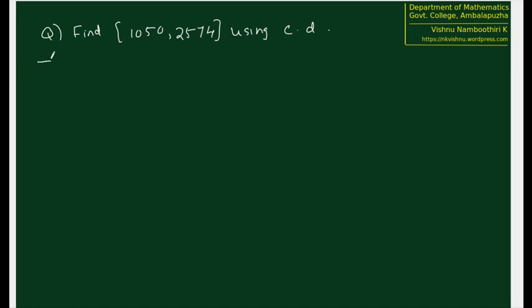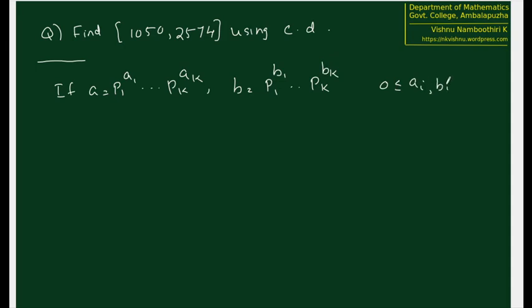Now another observation we are going to make. We have seen that if A equals p1 raised to a1, etc., pk raised to ak, and B equals p1 raised to b1, etc., pk raised to bk, with 0 less than or equal to ai, bi, so we are permitting the primes appearing in both these numbers to be the same.